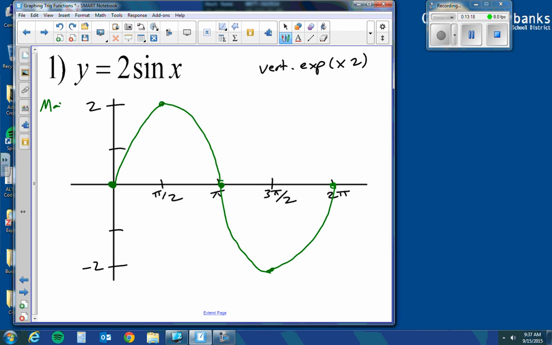We hit a maximum of 2 and a minimum of -2, right? The axis of the wave was the x-axis, y equals 0. If it asks for that, I don't know if it does here, but the axis is that line y equals 0, or the x-axis. And the amplitude, of course, is 2.